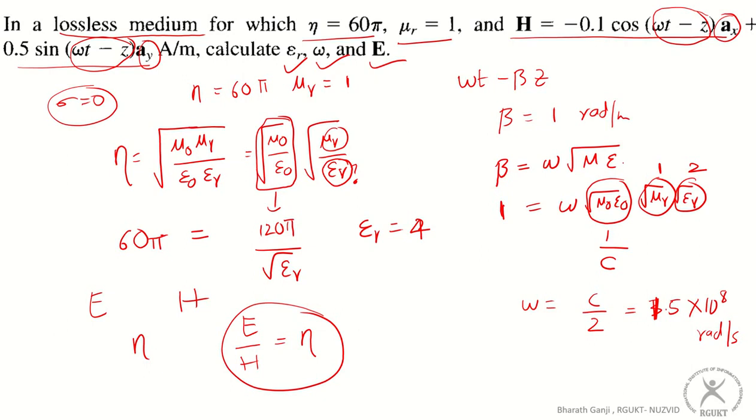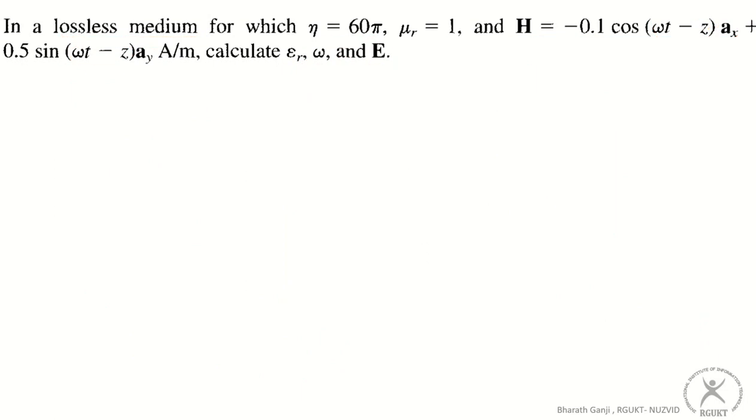So let me first convert my magnetic field into phasor form. What is the phasor form of the magnetic field? I already told you how to write phasor forms; we solved some problems.